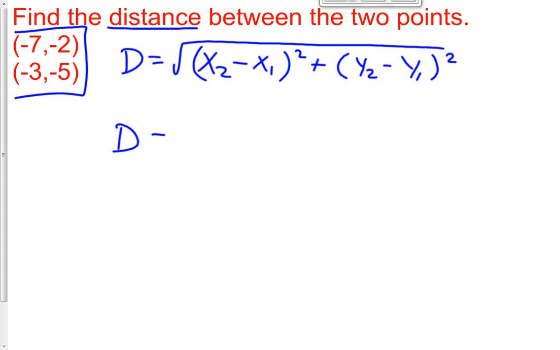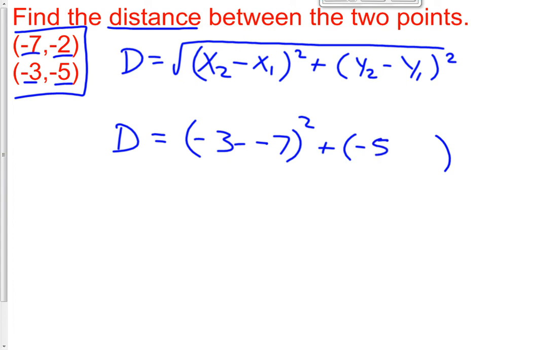So the distance is, let's subtract the x's, -3, subtract the -7. That quantity squared, plus, now let's subtract the y's. -5 subtract the -2. And that's all underneath the radical.